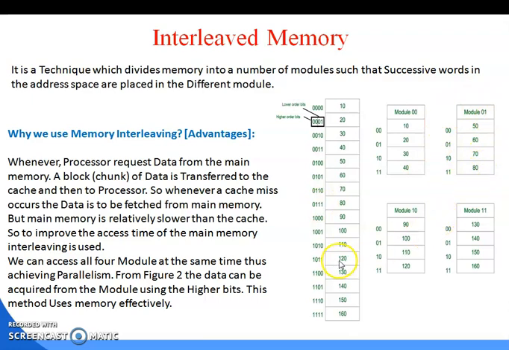There is another chunk, module 1 0, going up to this. So the higher bits identify the module, and the lower bits give the address within it. This is how you can chunk the memory space into different modules.